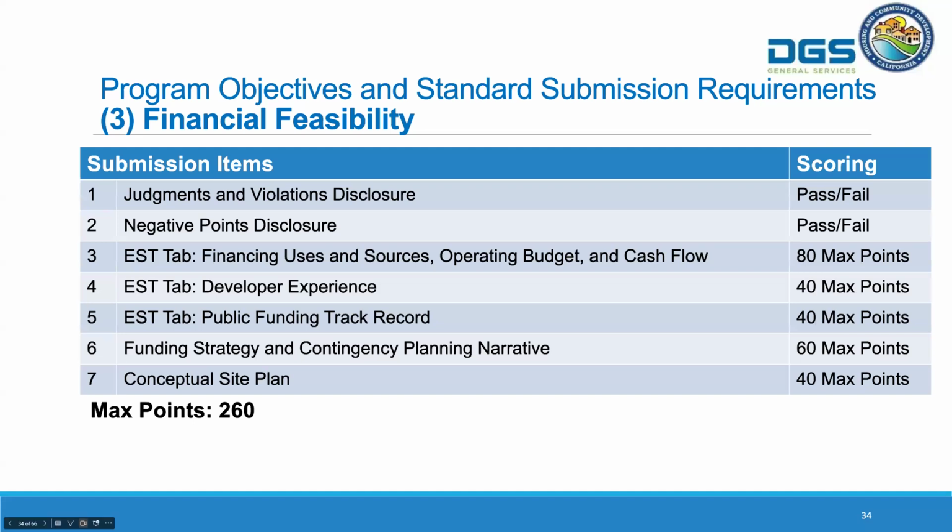I'm going to touch on the 7 submission items under financial feasibility. First is judgments and violations disclosure.